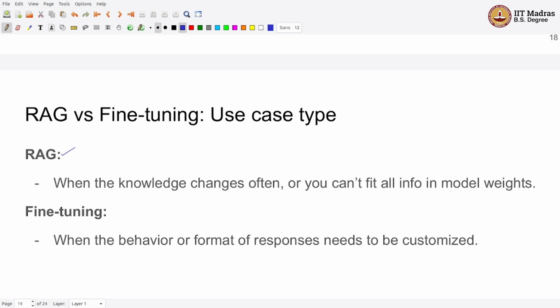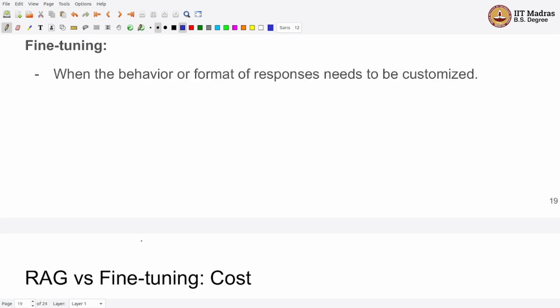Whereas fine tuning should be used when you want to teach a new skill to the LLM that is to stay, that is not expected to change. In that scenario, you will use fine tuning.